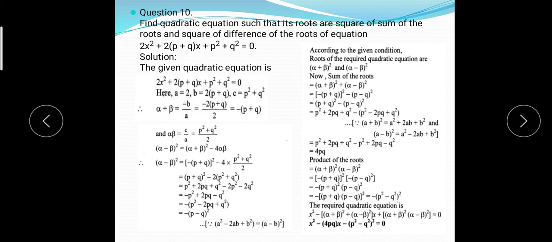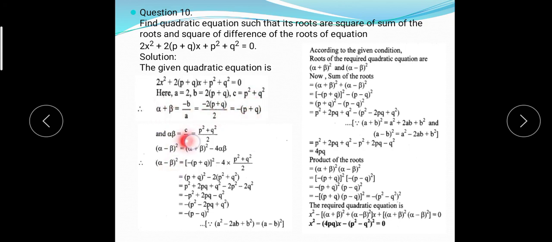Now alpha minus beta whole square. Find the quadratic equation such that its roots are the square of the sum of the roots and the square of the difference of the roots. We have to find out the sum of the squares of the sum and difference of the roots. Alpha plus beta we know, alpha into beta we know.